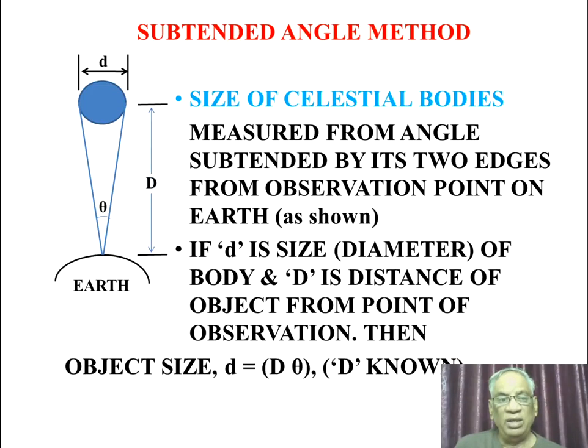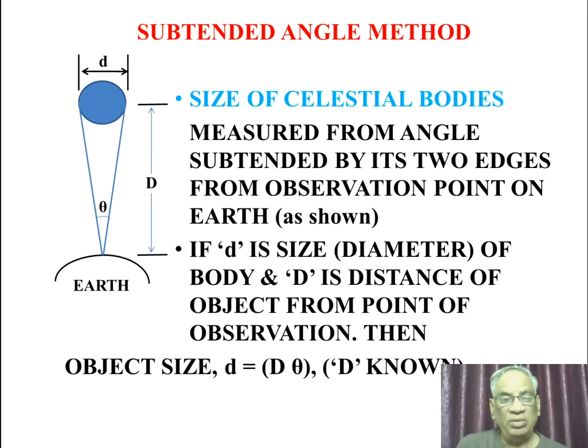The distance between the two points on the celestial body is small d, and the distance from the body to the point of observation is capital D. Then using simple principles, the size of the body, small d, can be given as the product of distance D and theta.